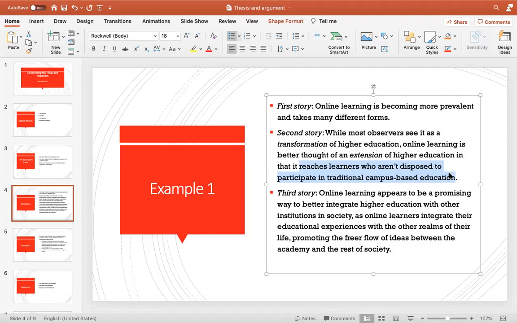Okay, so this thesis statement needs arguments to support that online learning is an extension of higher education. This kind of thesis statement is called a second story thesis statement, because it is asking for some arguments.